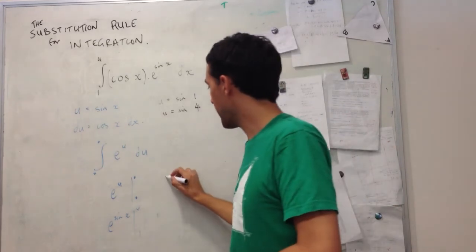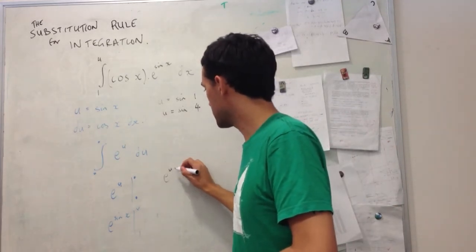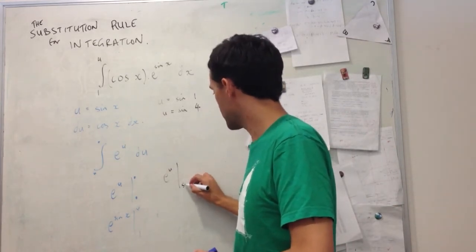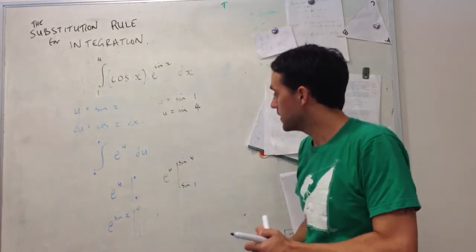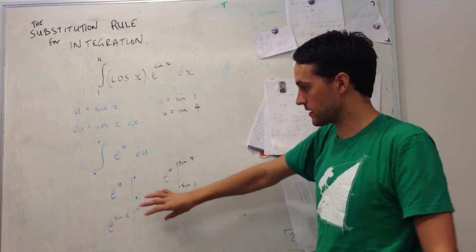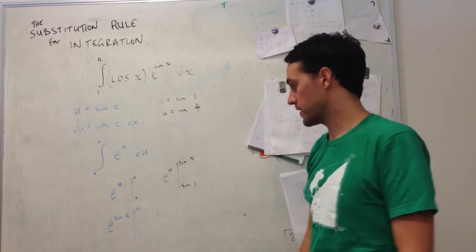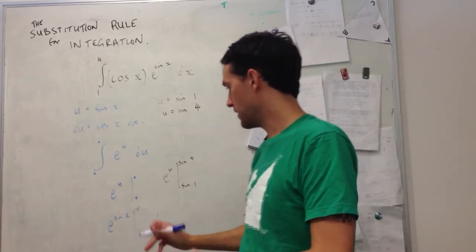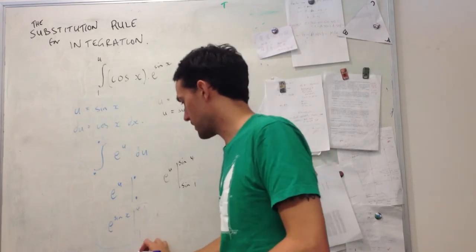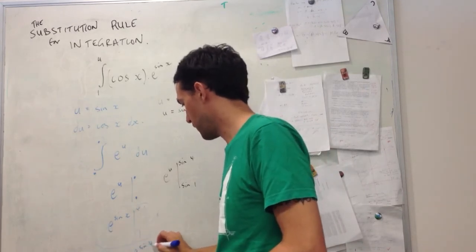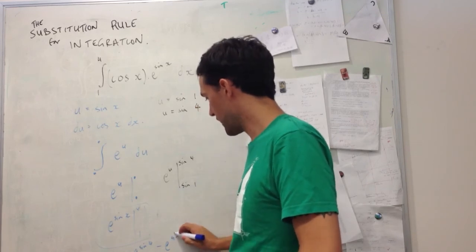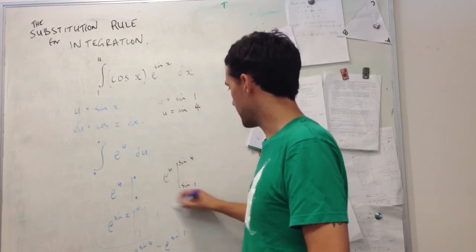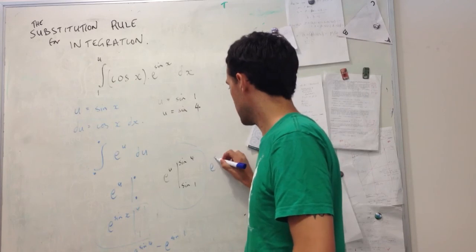And then I can evaluate this between sine of 1 and sine of 4 if I want. It's actually up to you which way you do that, because once I've got it in this form, I'm just going to be saying it's e to the sine 4 minus e to the sine of 1, and in this case exactly the same thing.